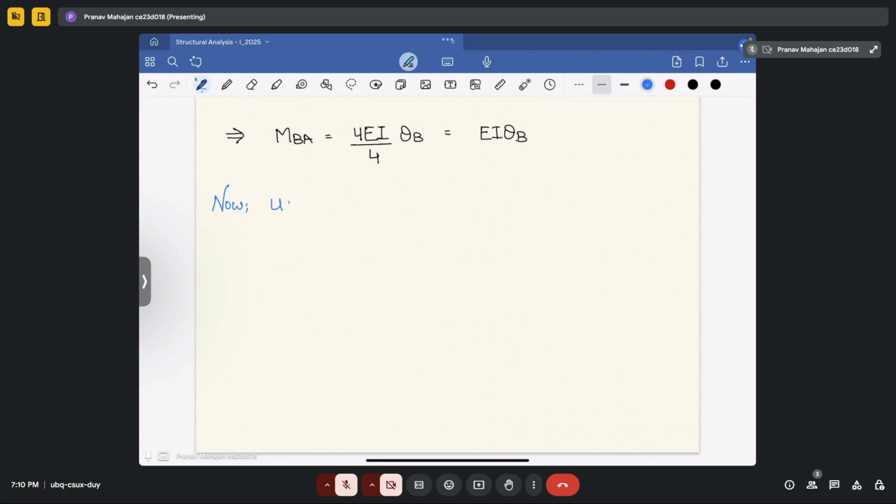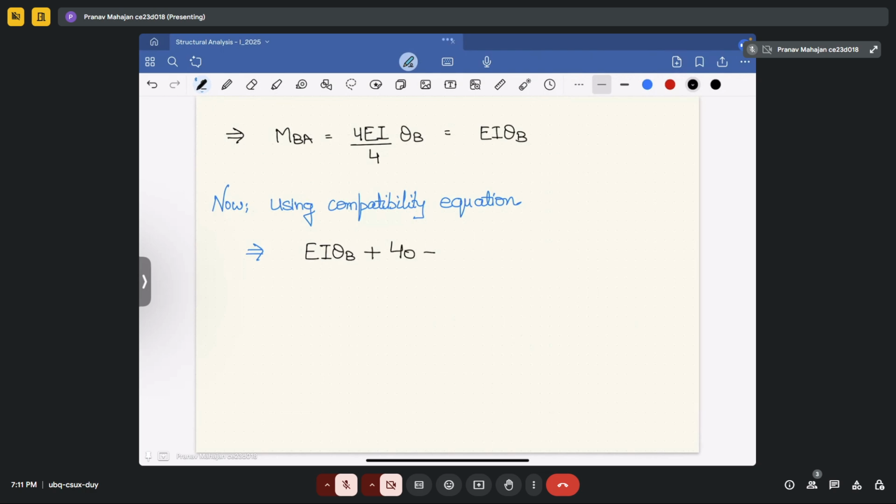Now, using the compatibility equation, substitute all the values of MBA, MBC and MBD. What we will get? This implies first MBA we will substitute as EI theta B. Then your MBD will be 40.